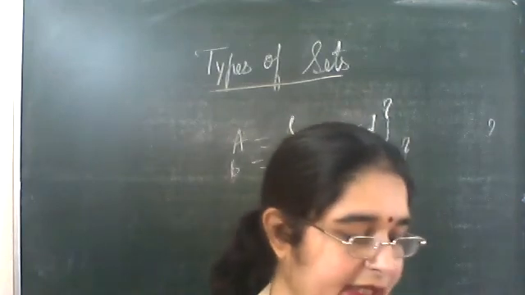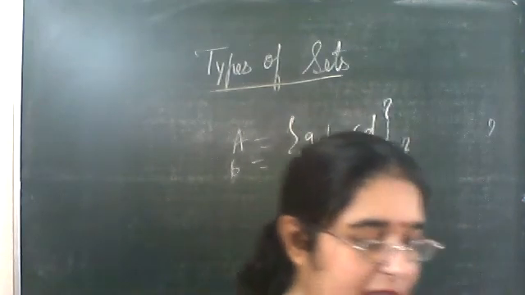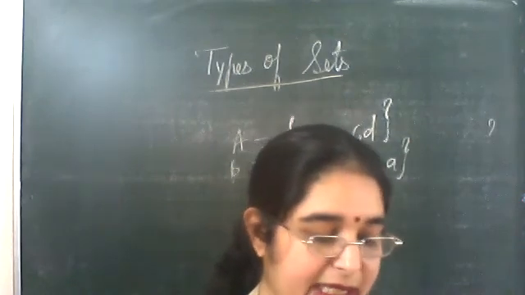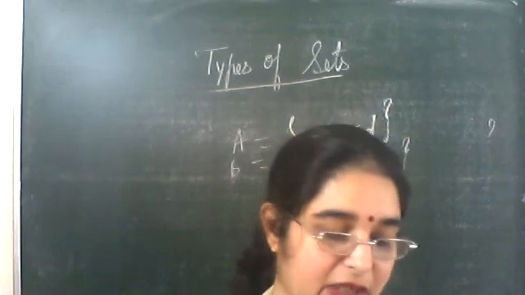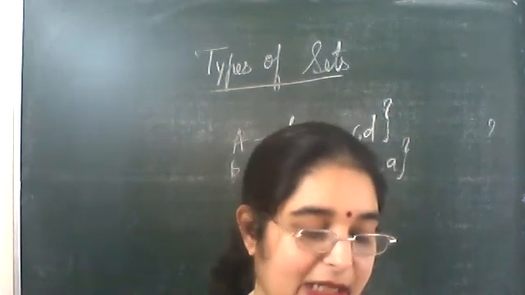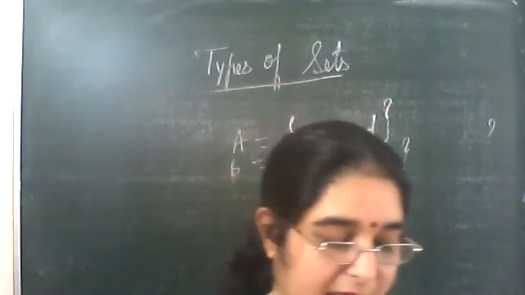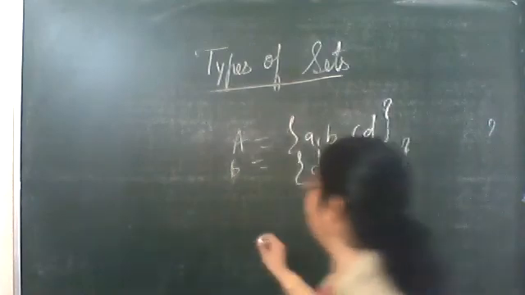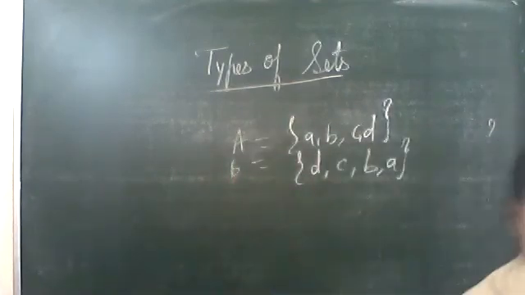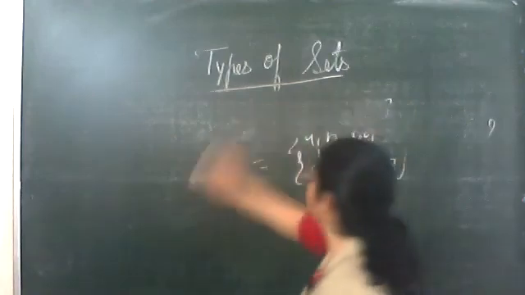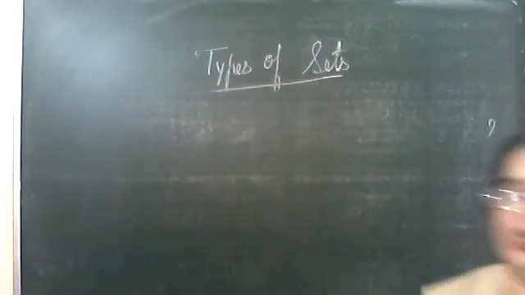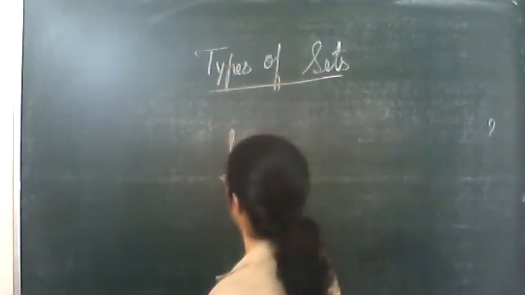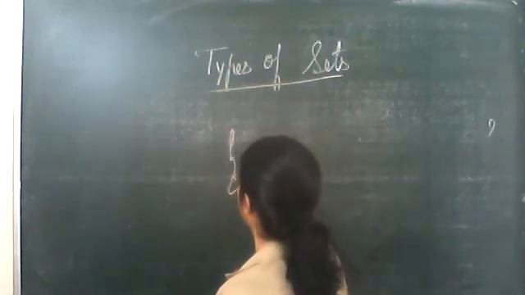Clear? Next is A is a set containing elements 2, 4, 6, 8, 10 and B is a set containing X where X is a positive even integer and X is less than equal to 10. Set B I am writing. What are the positive even integers?